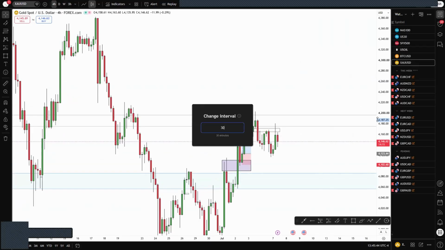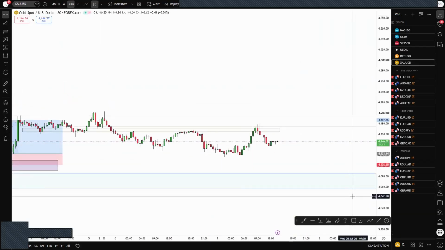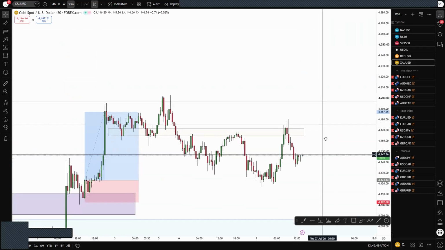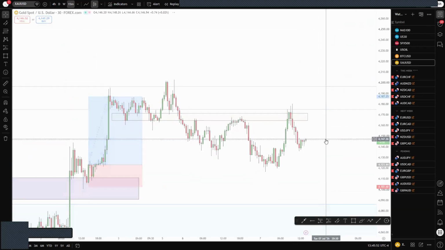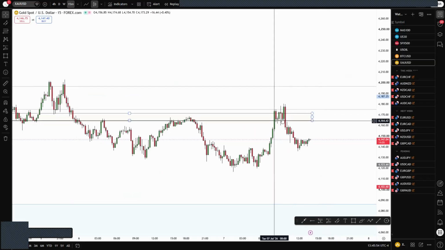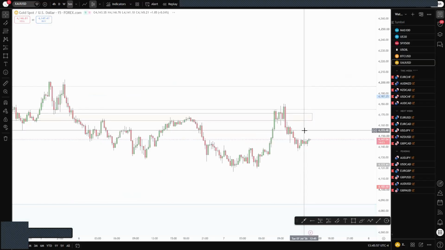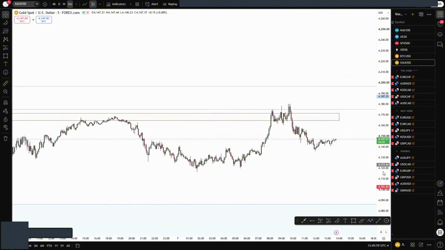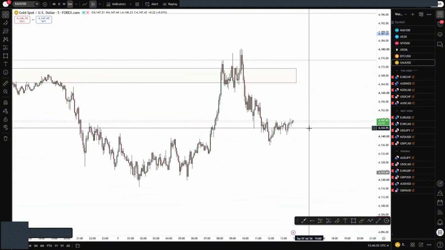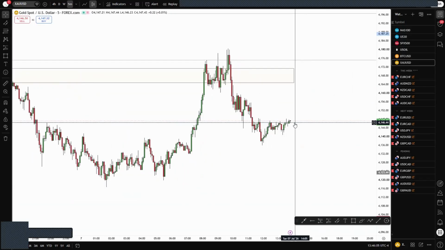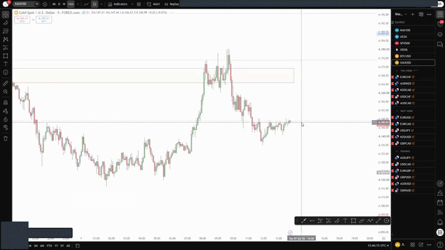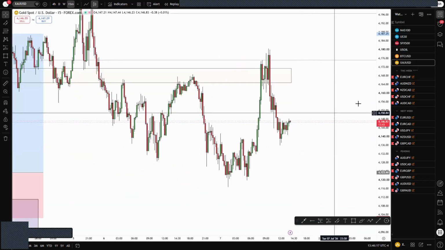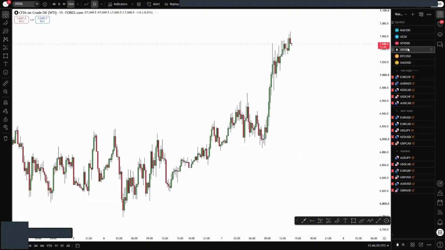Let's try something. 8 minutes is bullish though. 10 minutes bearish. 5 minutes, wow, bearish. Oh, 5 minutes bullish. No, almost, yeah, bullish. 15 minutes also bullish. And so it's not valid.